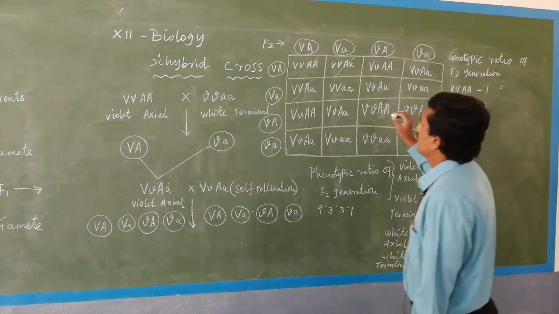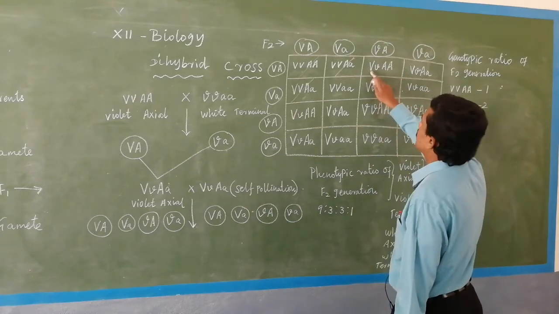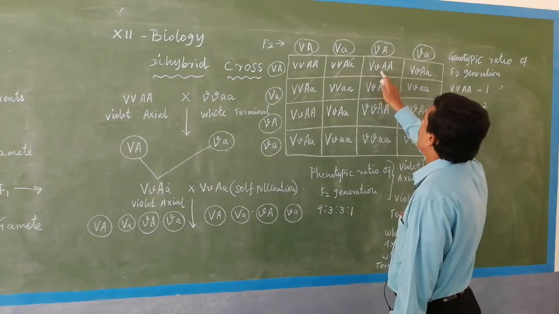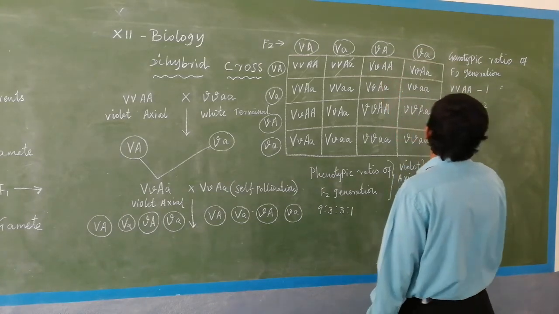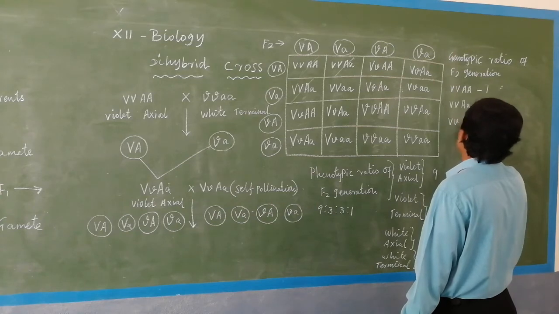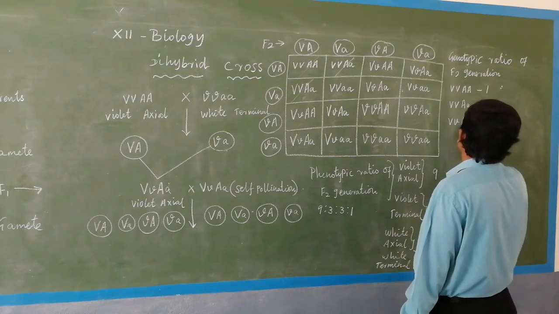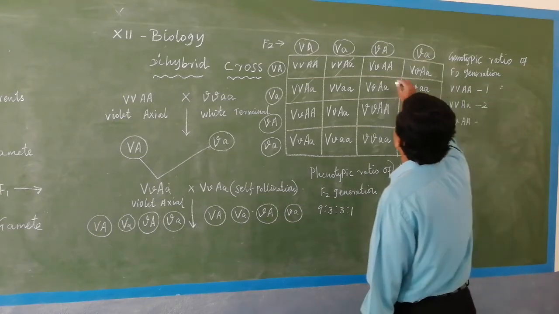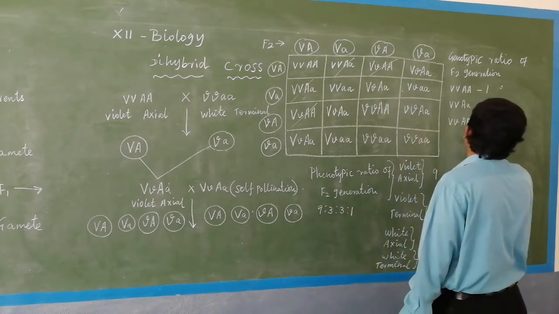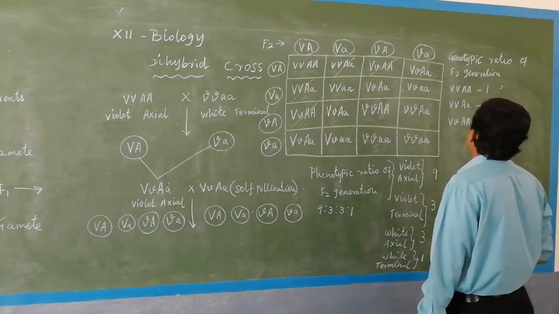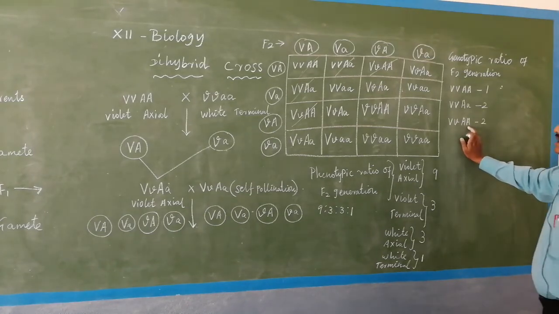The next one here: heterozygous violet and homozygous axial. Capital V, small v, capital A, capital A. Here 1, 2. Only 2 plants are capital V, small v, capital A out of 16.